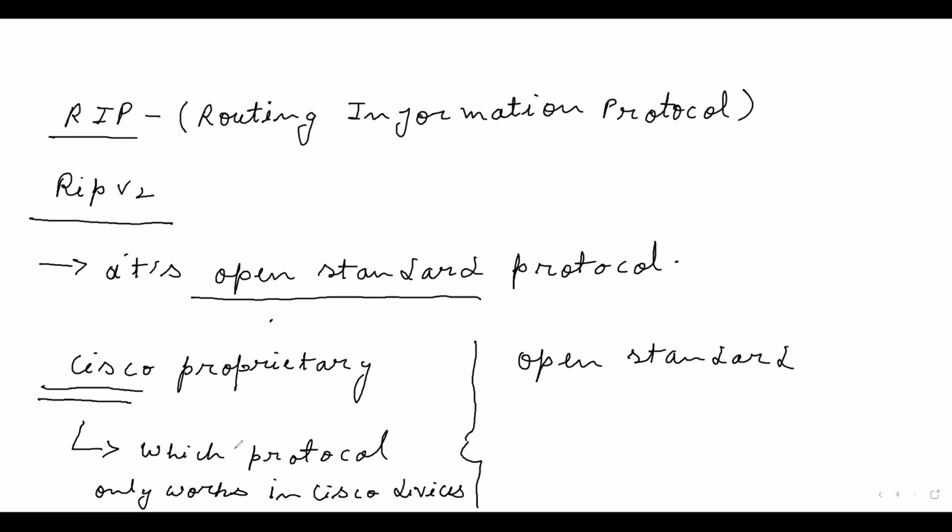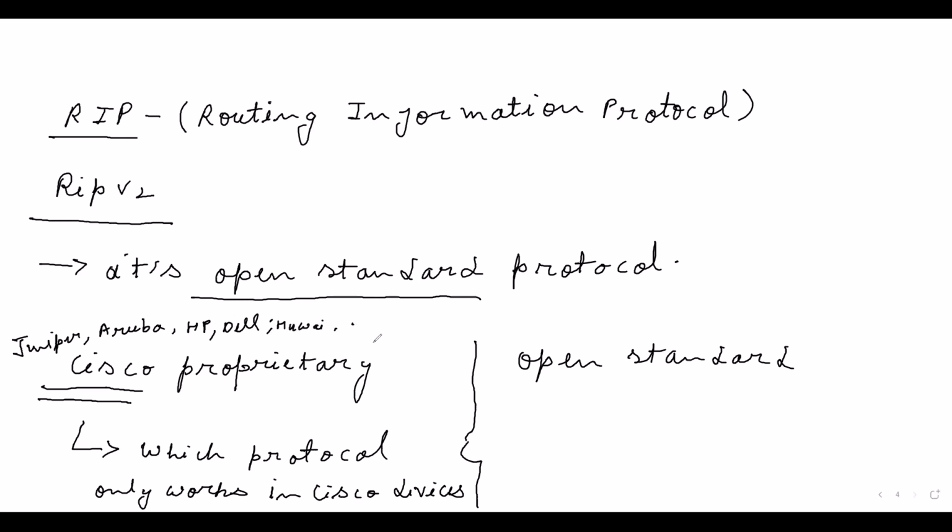Cisco is a company, and we have a lot of other companies like Juniper, Aruba, HP, which also makes routers, switches, and networking devices, Dell, Huawei, Checkpoint, multiple companies.